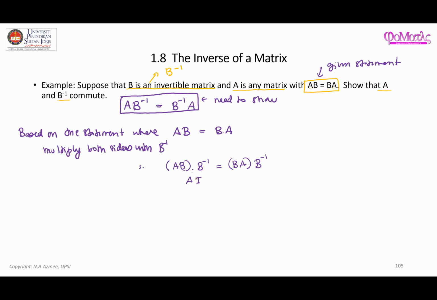So A times the identity matrix. And here what we will have is B times A times the inverse of matrix B, and that's all that we can do. We cannot do much right now. Next, A times the identity matrix is just going to be A, matrix A.